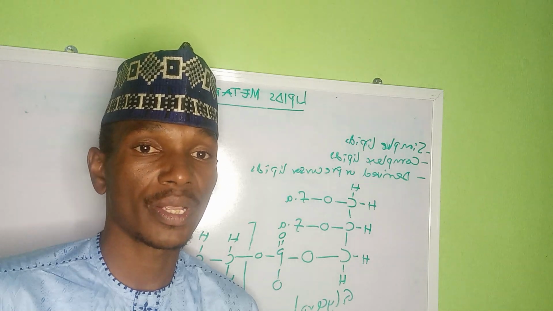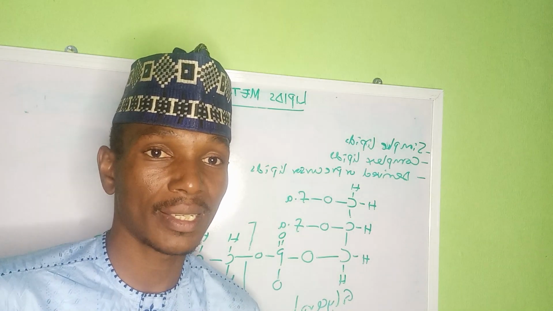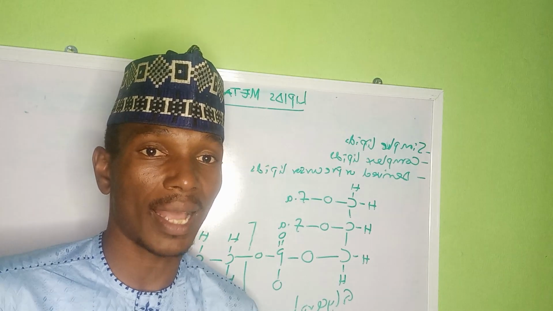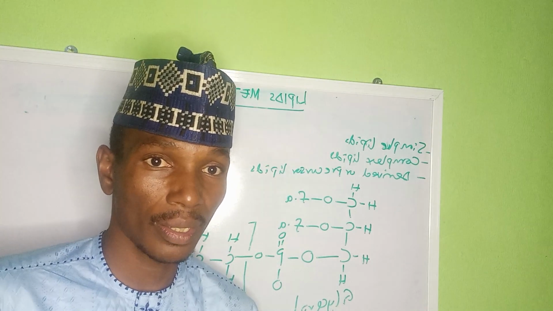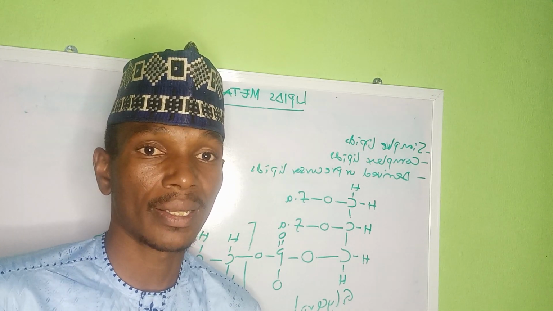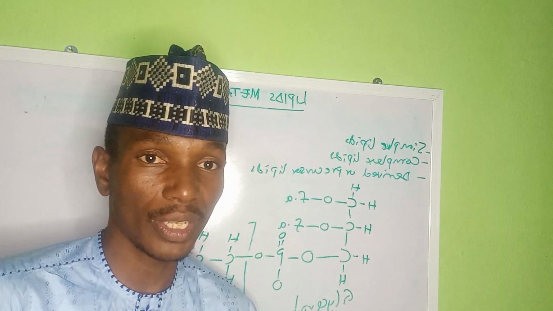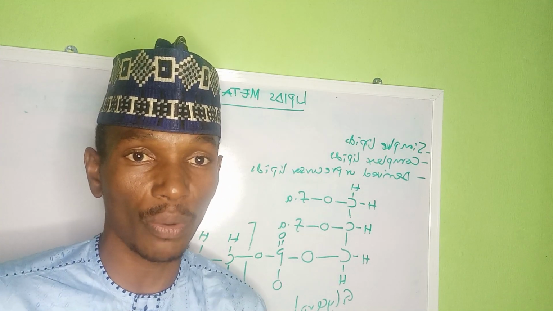It is called saturated fatty acid. And unsaturated fatty acids are fatty acids that have the presence of double bond and they are stereoisomers. Usually they have either a single double bonding in them or multiple double bonding.